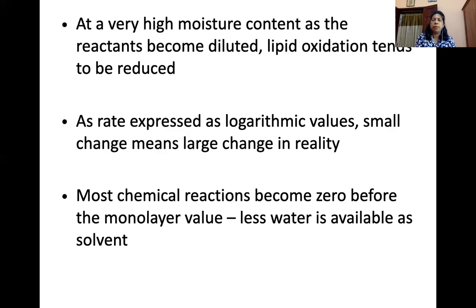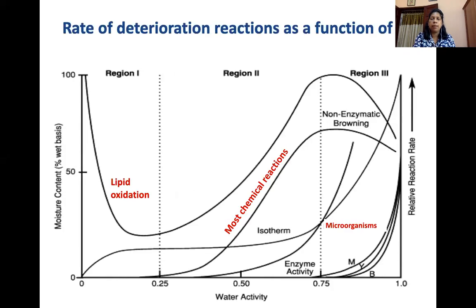Therefore, when you think about the graph and the rates, you can see it is changing a lot. Most chemical reactions become zero before the monolayer value, as less water is available as solvent, right? The graph is drawn with moisture content and water activity, but it is showing the reaction rates.